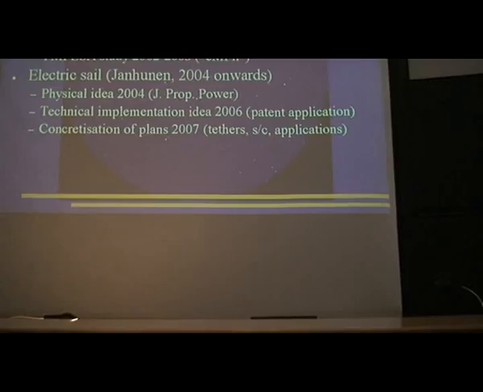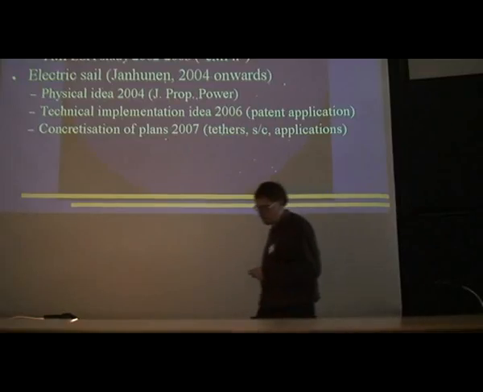Then it's rather logical that if the magnetic field doesn't work, what if the electric field does work? This was considered and it seemed to work initially, and it was published in 2004 at an idea level, and then a technical implementation plan came 2 years later. After that it has been rapidly progressing, as it has gradually been realized that this is a viable method, not only in theory but also in practice, of achieving high speeds for spacecraft.